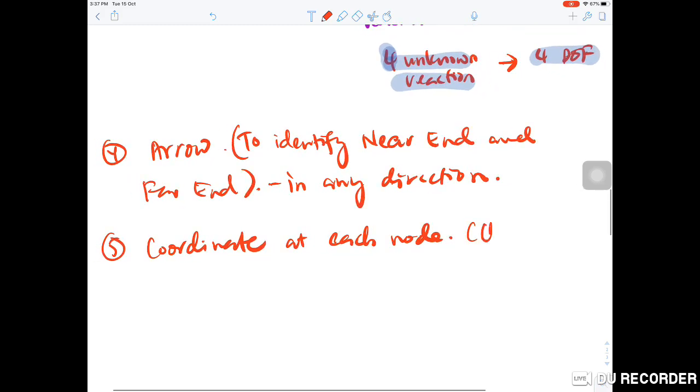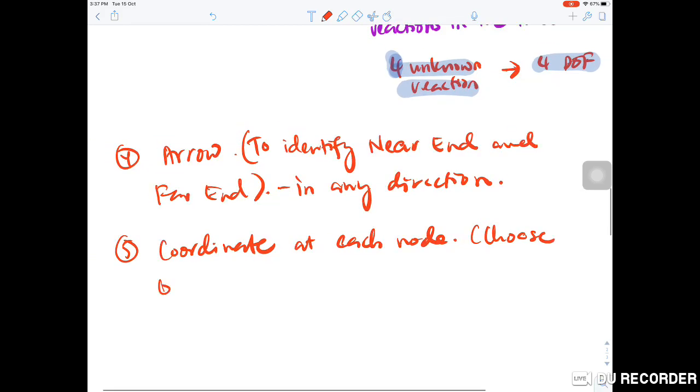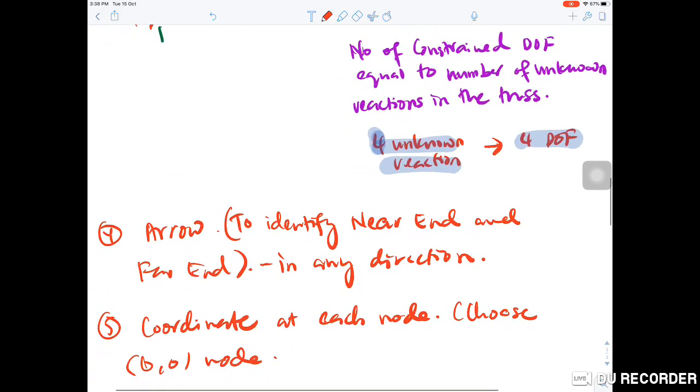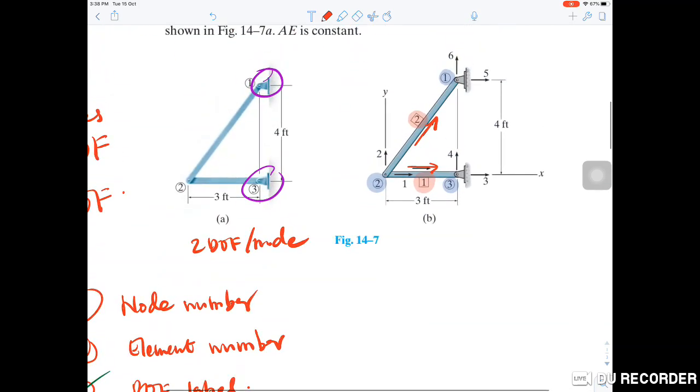Choose a 0, 0 node. Here we need to choose one node as the origin.